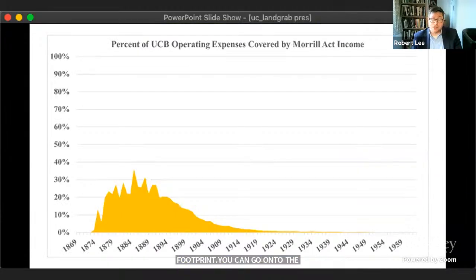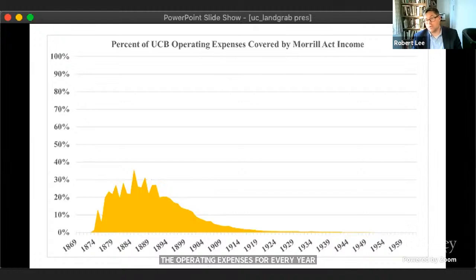There's another line in the story that describes that at its height, the Morrill Act provided more than a third of the operating expenses of the University of California. This happened in 1886, and the only way we were able to figure that out was by tracking the operating expenses for every year from the beginning that the Morrill Act income provided.